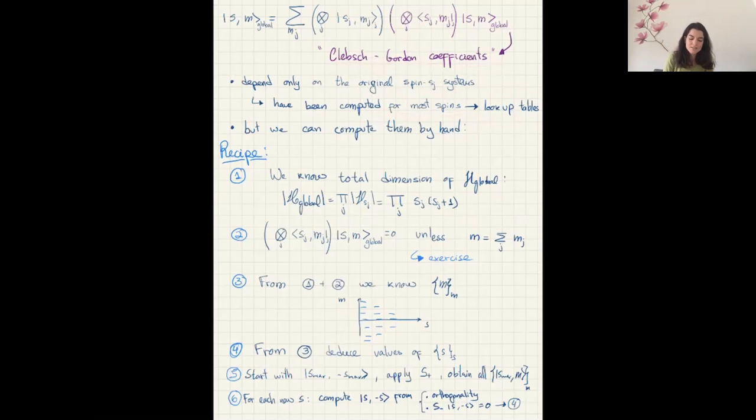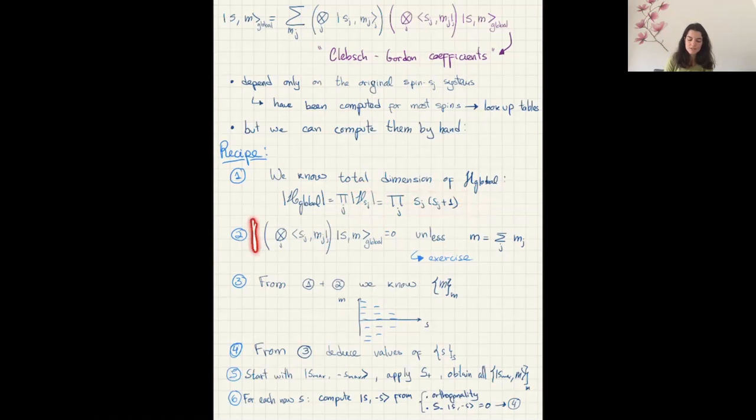Okay, so the idea is that we know the total dimension, right? It's just the product of the dimensions of the individual spin systems. And we know that the dimension of each individual spin system is 2S+1, or 2Sj+1 for system j. Okay, so we know this.